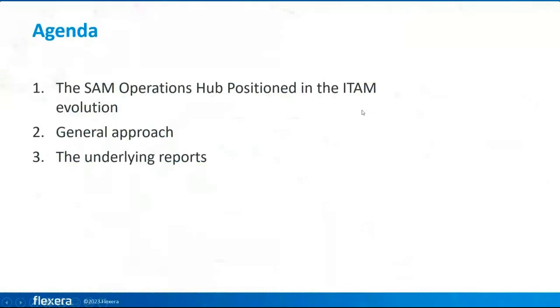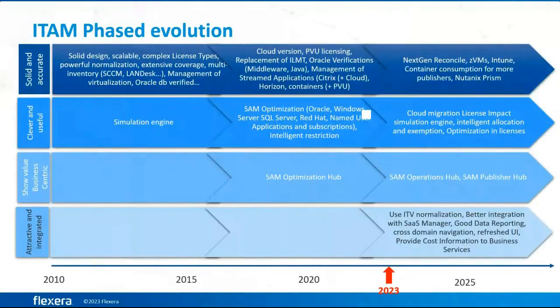Let's start. First thing, and I will be fast because I spent a good 5 minutes on this in the previous session for the SAM Optimization Hub. Flexera, FlexNet Manager and ITAM have had forever a solid design, able to manage complex license types, with solid recognition and normalization.